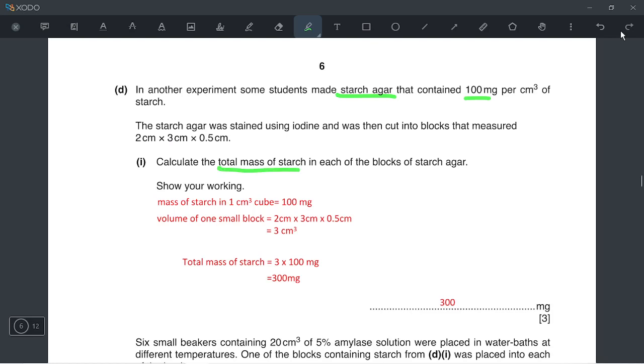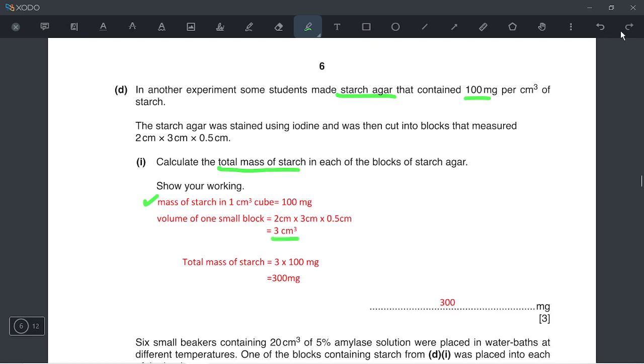So to calculate it, mass of starch in 1 cubic centimeter cube, right? This is given already. This is 100 mg, right? So volume of one small block, that cut block of agar, that is 2 centimeter by 3 centimeter by 0.5 centimeter.